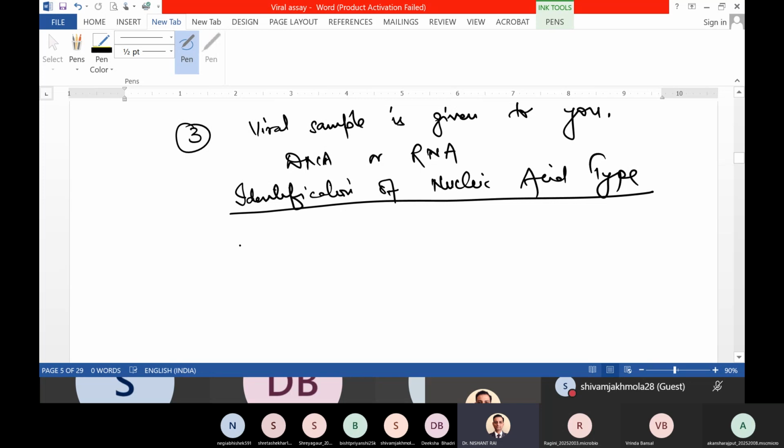The concept is the same as in the earlier case. Again, you have to mix it with something, then infect into the cell lines and identify whether it is growing or not. That is the same. Now, can you guess? It will open your reasoning approach actually. That's why I'm not giving you the answer.